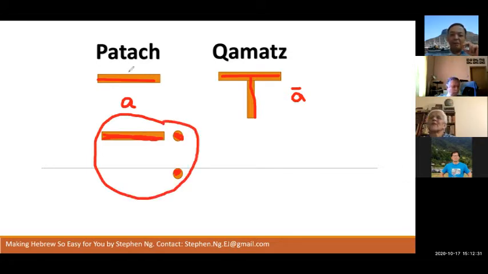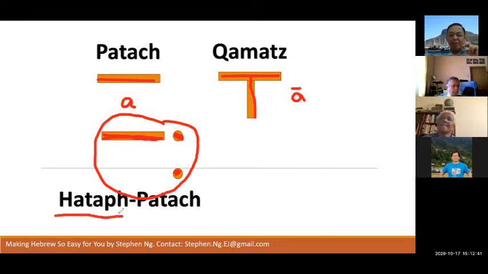This is what we call the hataf patah. Hataf is more like reduced, or you can think of it as half, half patah. So the reduced A vowel is written like this, with a little U thing here.